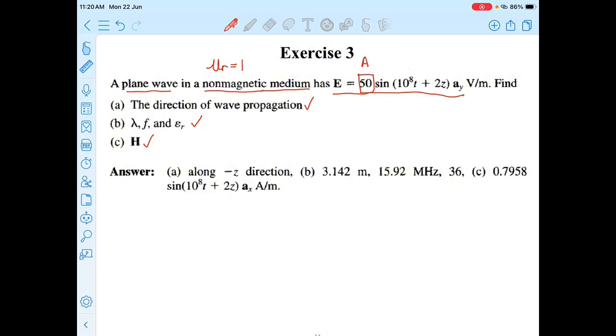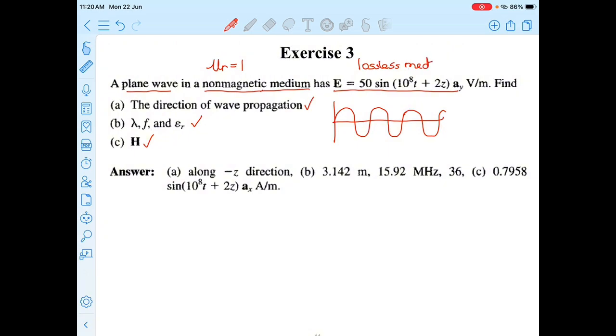Unlike the previous two exercises, this question doesn't have this exponent term. This shows that this medium is a lossless medium, because the wave amplitude will remain the same throughout the whole transmission and propagation.